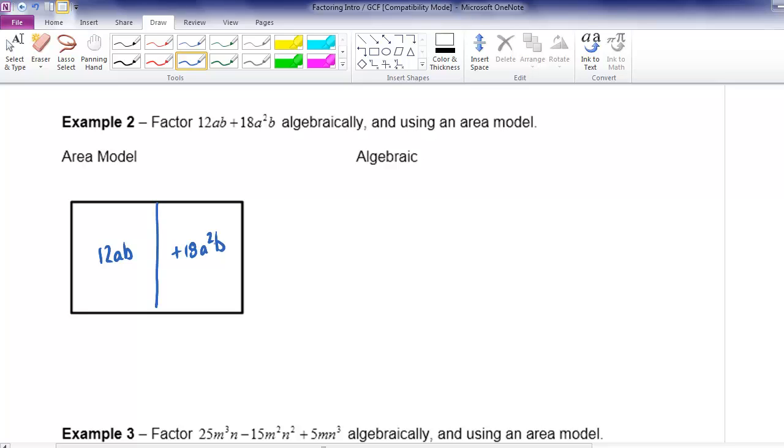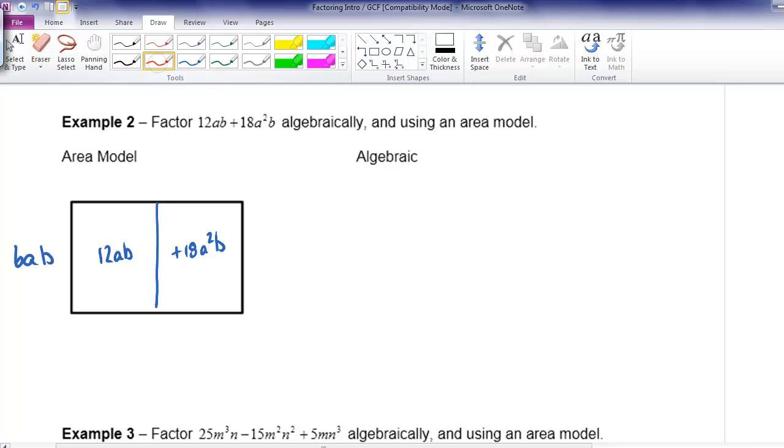I'll do numbers and then letters, and I'll do letters in alphabetical order. So 6 is the biggest number that goes into 12 and 18. A is the biggest thing that goes into A and A squared, and B is the biggest thing that goes into B and B. So I've identified the GCF, and now I just try to find the dimension of both these little pieces separately. So that's one nice thing about doing the area model. You break a nasty problem into two simpler ones.